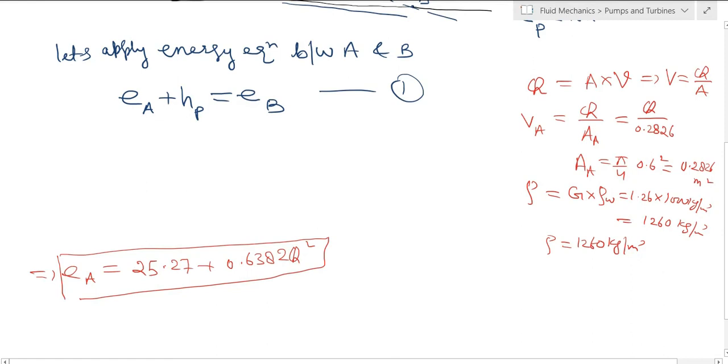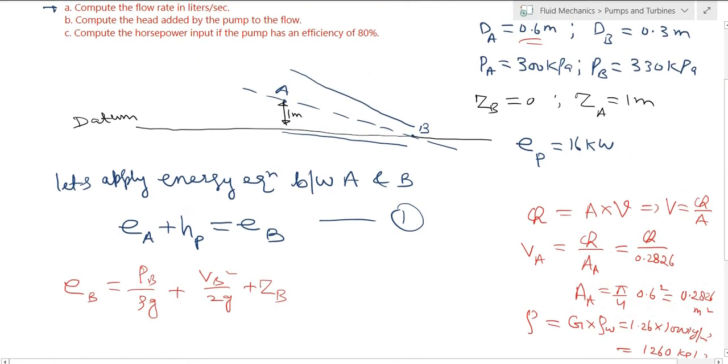Now energy at B. Energy at B is equal to PB divided by rho G plus VB square by 2G plus ZB, right? We are writing the energy in terms of the energy heads. Now PB is how much? 330 kilopascal.